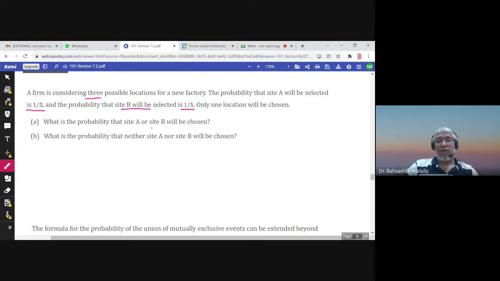So probability of A or B is probability of A union B, and it's probability of A plus probability of B because they are mutually exclusive. Probability of A is 1 over 3 plus probability of B is 1 over 5. So the answer would be 8 over 15.